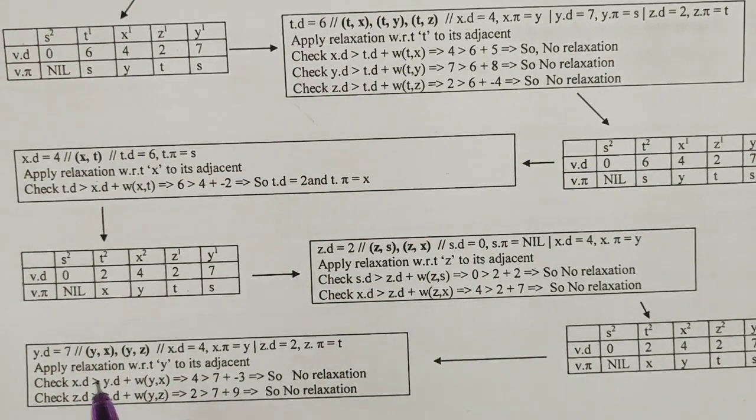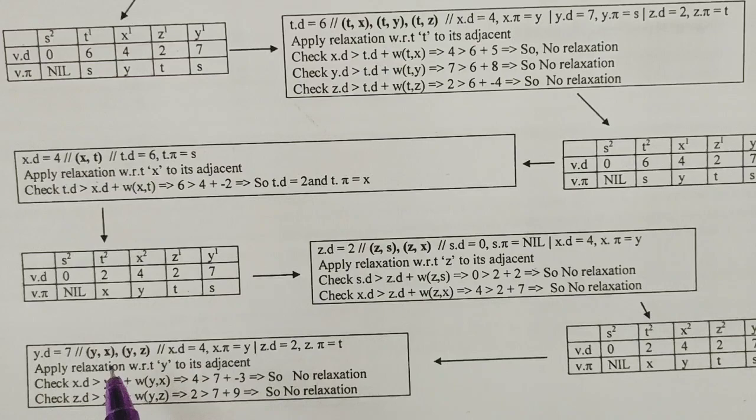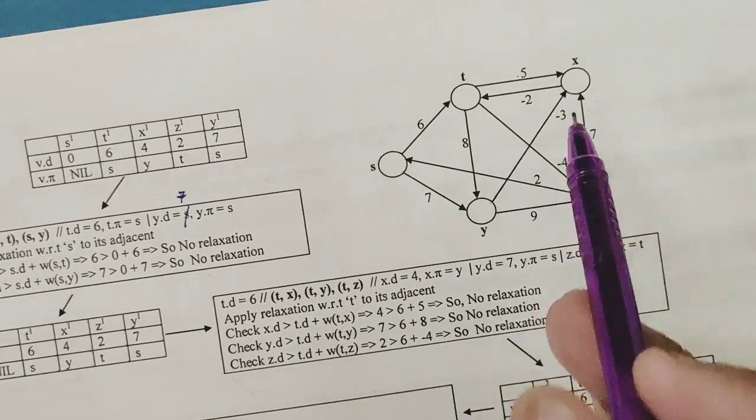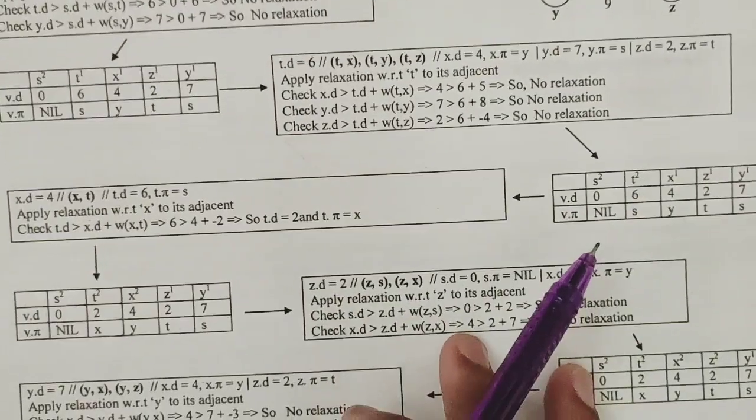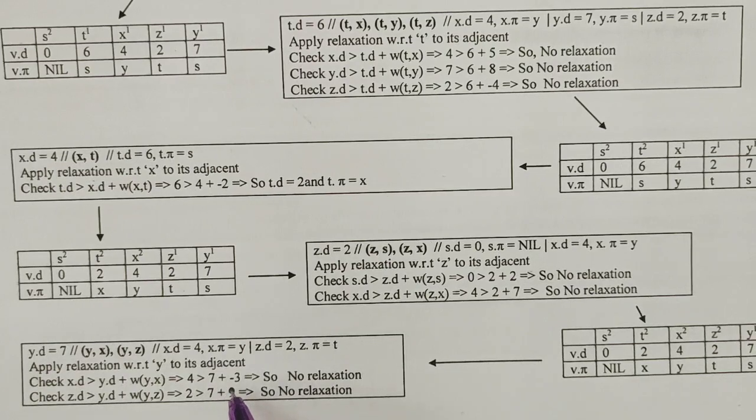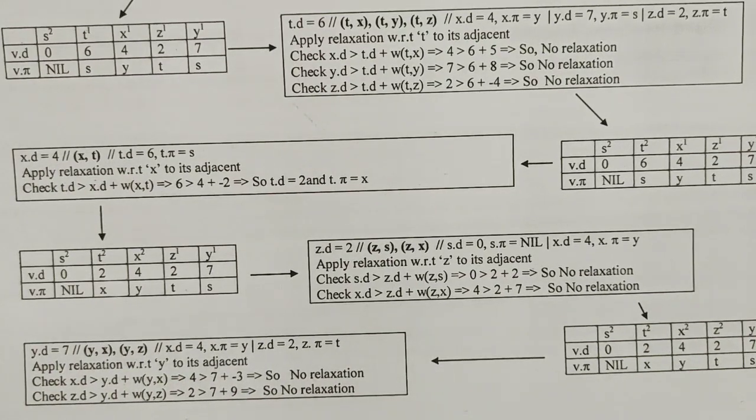Now check. After checking, it is observed that x dot d greater than y dot d plus w of y to x. X dot d is 4, y dot d is 7 plus w of y to x. Y to x is minus 3 units, though there is a minus unit, but unfortunately there is no successful relaxation, because 7 minus 3 is 4, and 4 greater than 4 is false, so no relaxation.